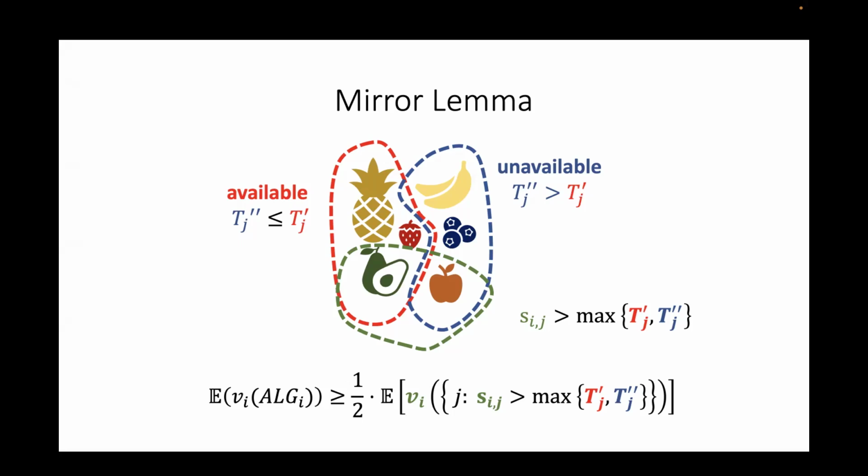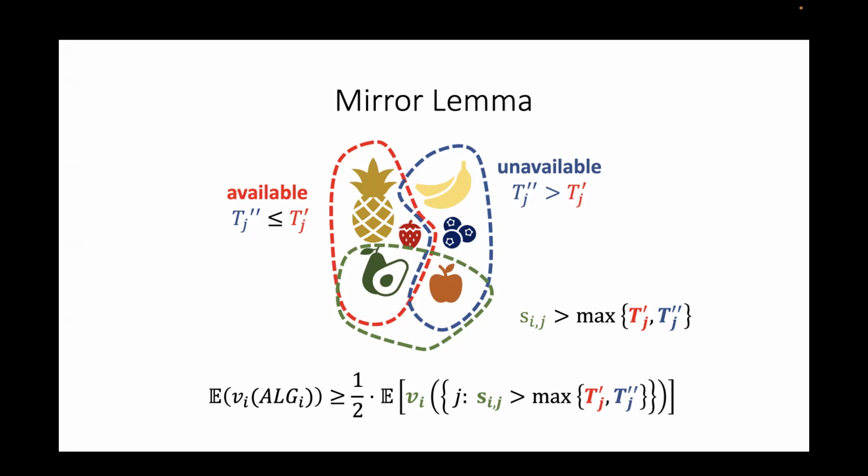The set the agent gets is those for which the score is larger than 1 copy of the threshold, but also we need the condition that the item is available, right? These 2 conditions. Now, I can get rid of the second part, that the item is available, by adding this other copy of the threshold here. Instead of 1 copy of the threshold and being available, I will remove the being available with having another copy of the threshold and losing this 1/2.